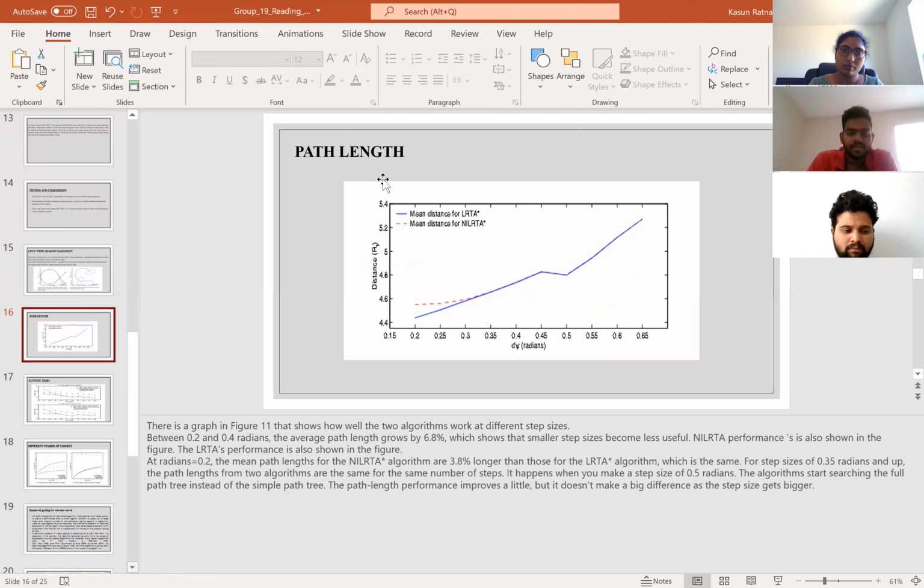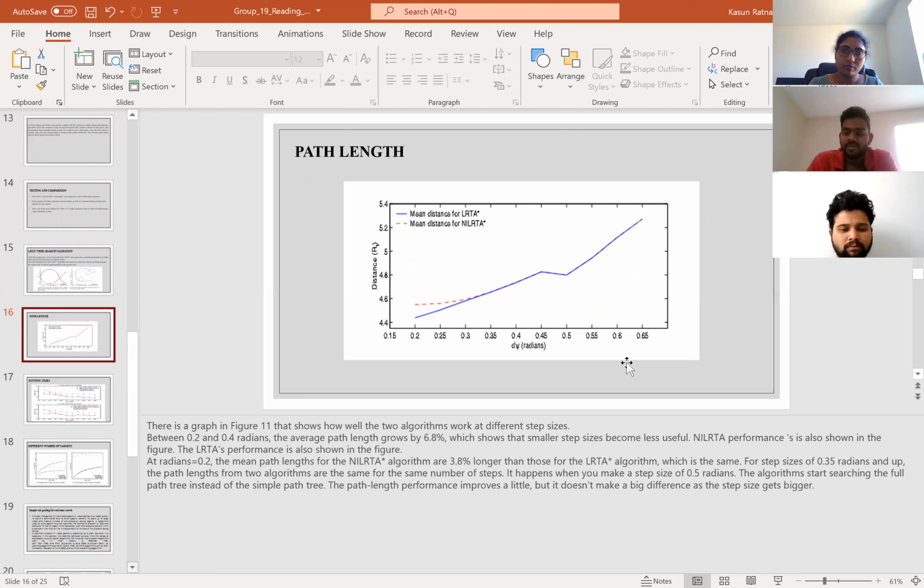And coming to the path length, the graph in figure 11 shows how well the two algorithms work at different step sizes between 0.2 and 0.4 radians. The average path length grows by 6.8%, which shows that smaller step sizes become less useful.